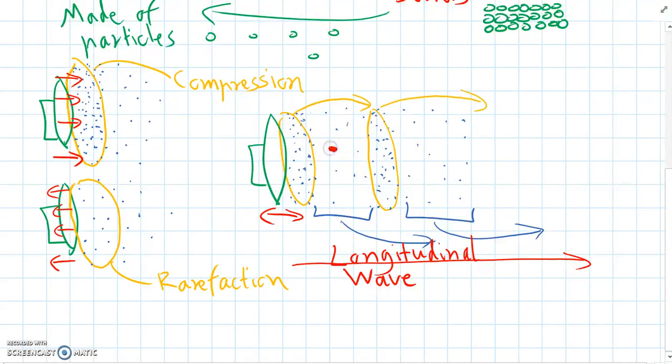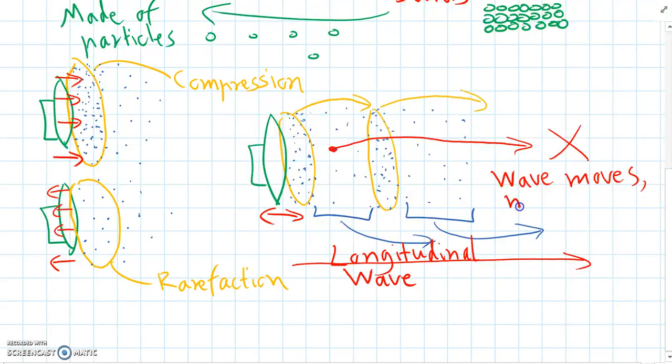But at the end, that particle is still in about the same position. The wave doesn't mean that every particle moves. It just means that the wave is moving. So the wave moves, not the particles.